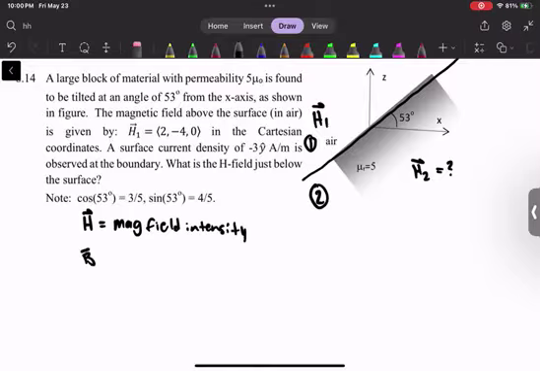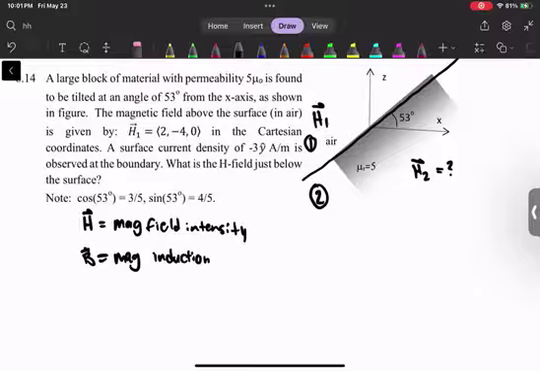The B field is another form of the magnetic field, but it's the magnetic induction. These are both vectors, and we can use their relationship to find the H field of the boundary below.